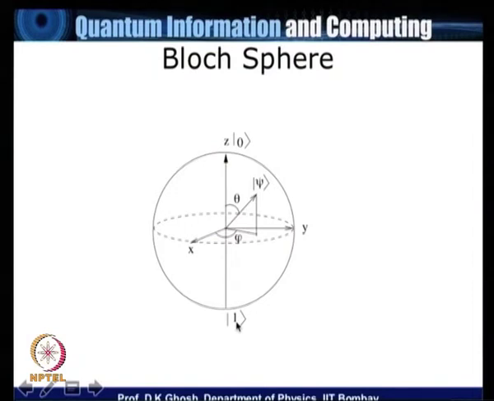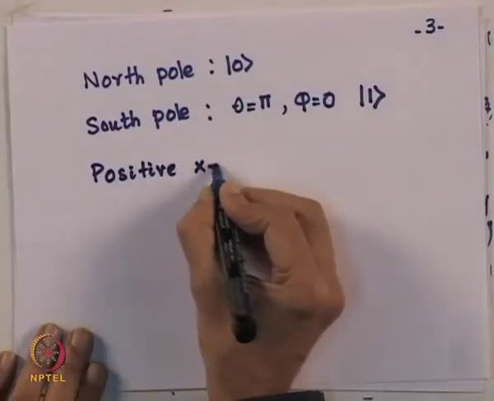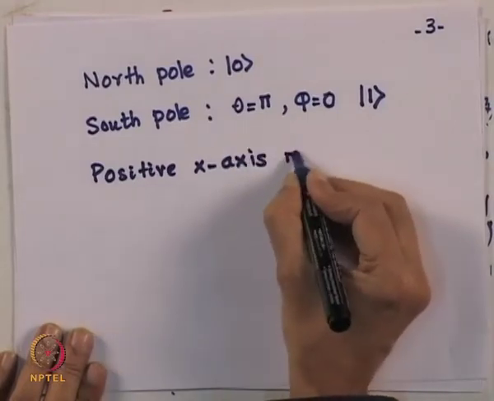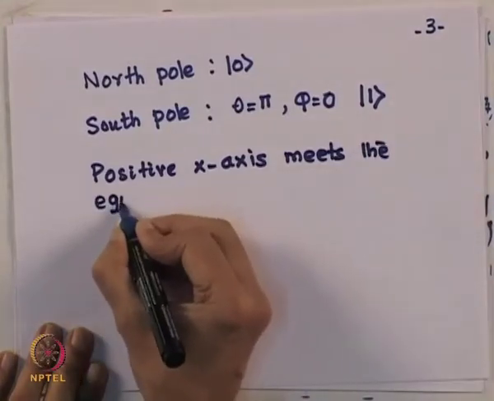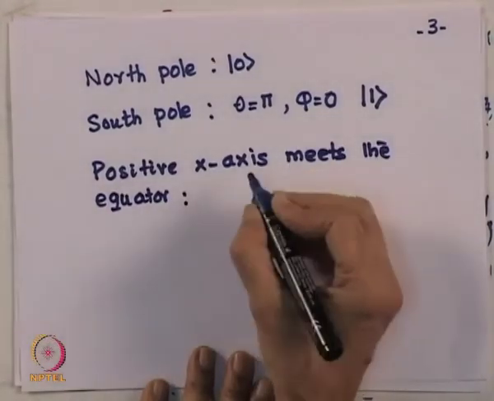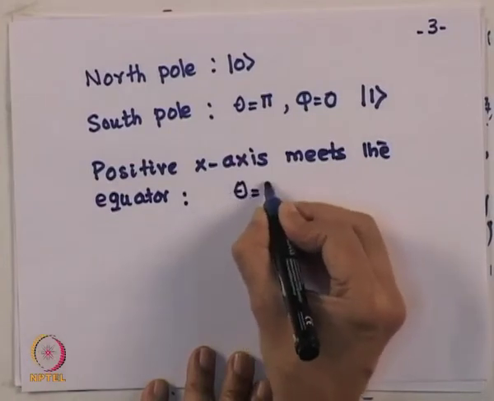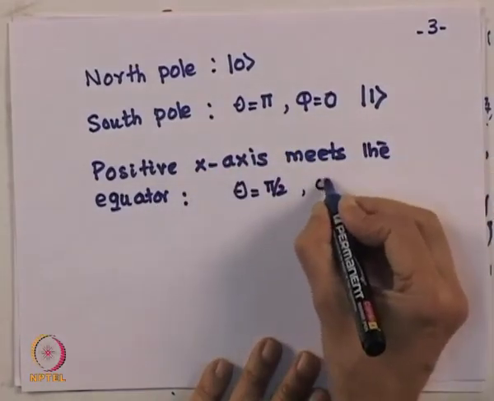Okay. Let us go to a slightly different point. Let us consider the point where the positive x-axis meets the equator. Now, since it is on the equator, theta is equal to pi by 2 and phi is equal to 0.